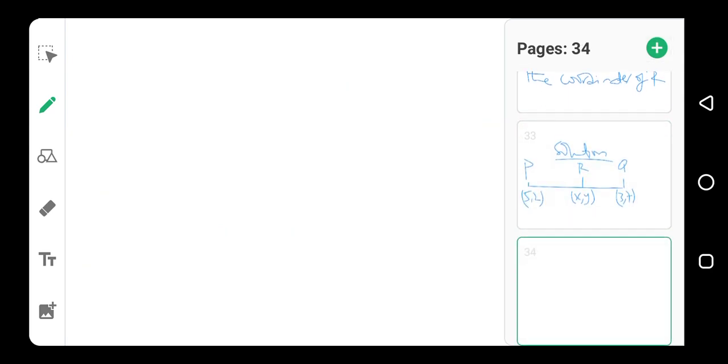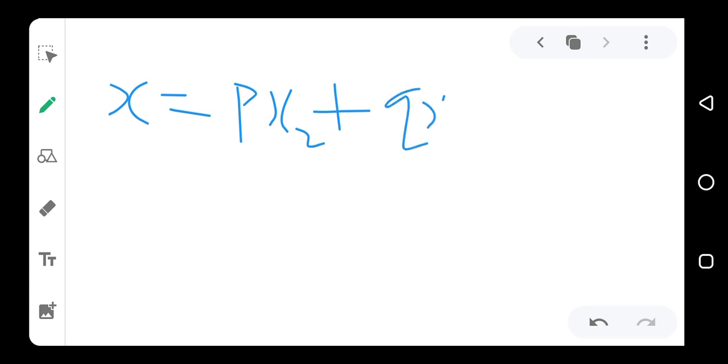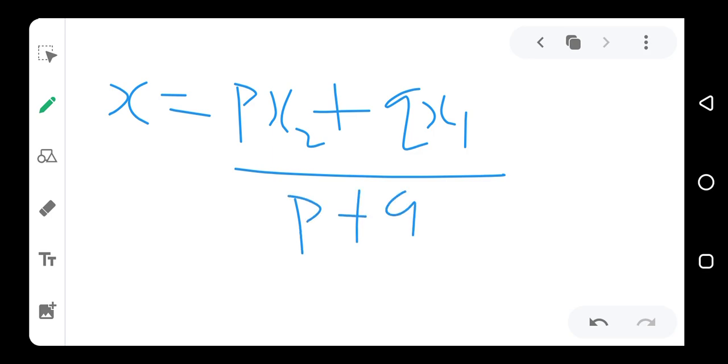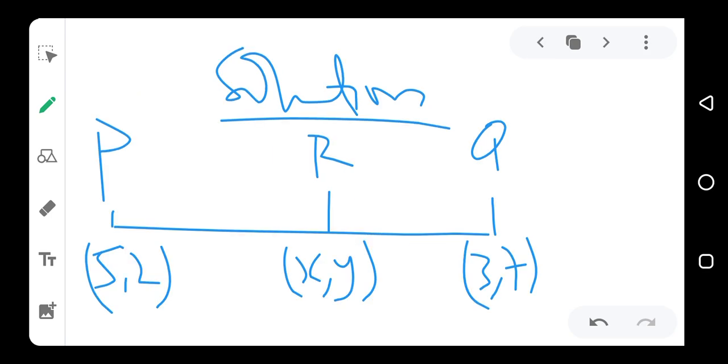Now to get the coordinates of R, we put the values into the formula we have, which is that x is equal to px2 plus qx1 over p plus q.